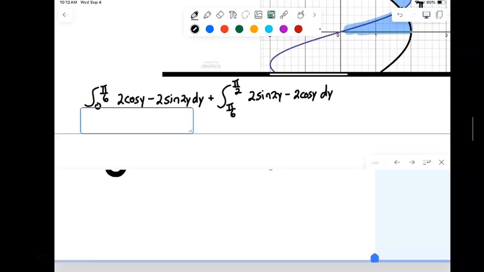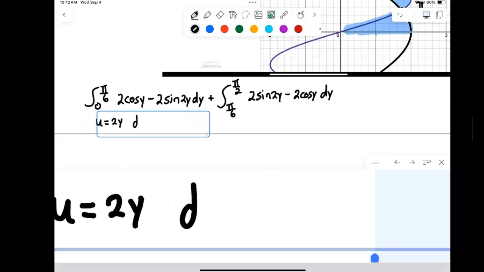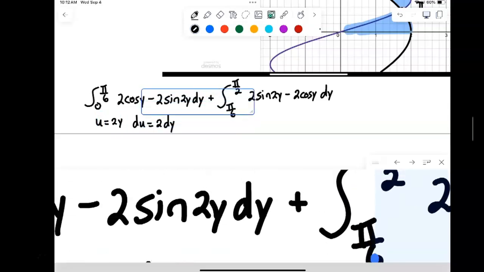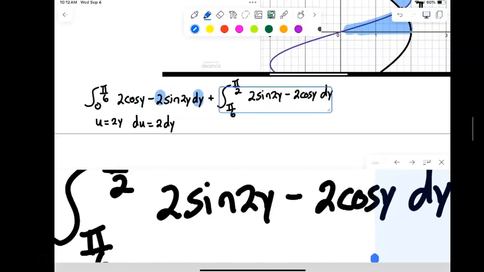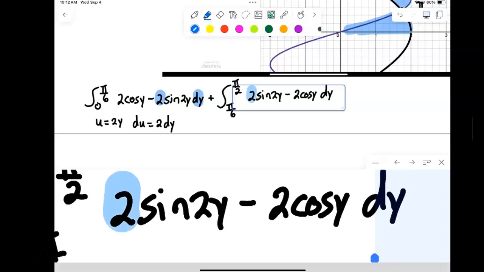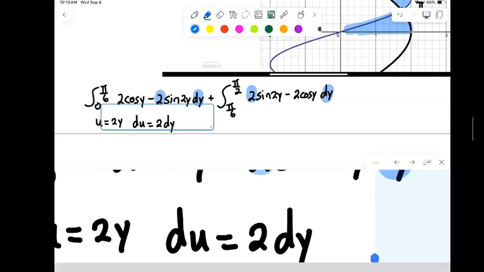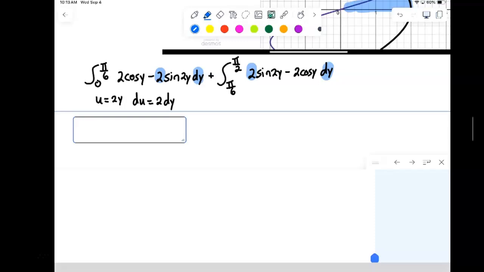So doing my substitution, I can let u be 2y, and then du will call for a 2 dy, which fortunately in this problem, we actually have the stuff we need for that piece in both of those to carry the substitution through and change it over to u.